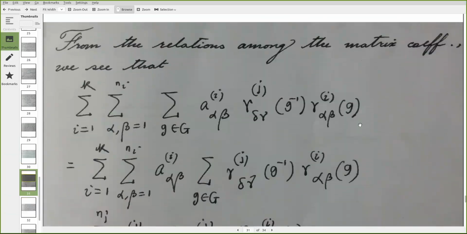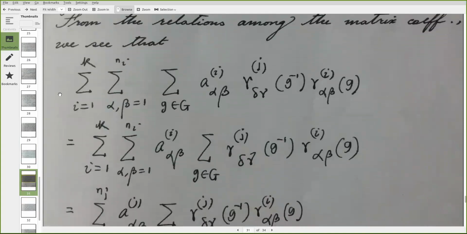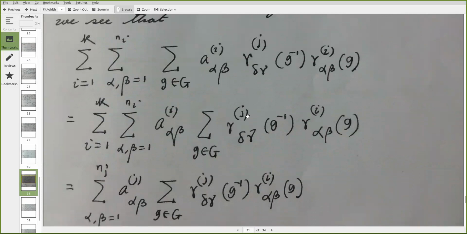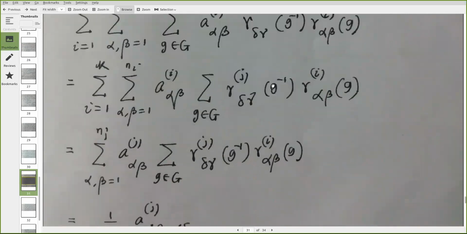So first of all, this is what we had. You can pull it outside the summation over g, and when i is not equal to j, that sum will simply be 0. So the first observation is that in this entire summand, the only thing that survives is when i equals j.